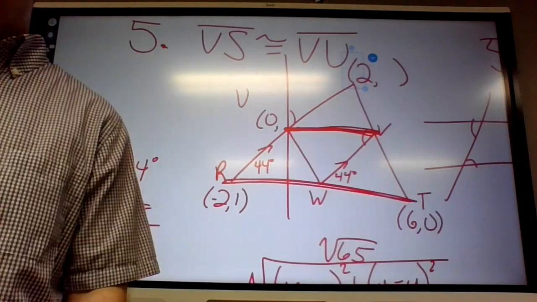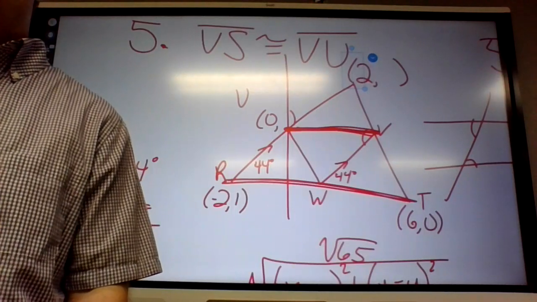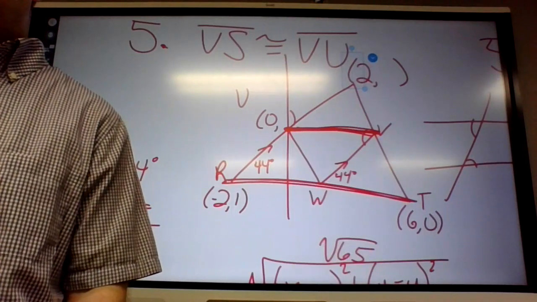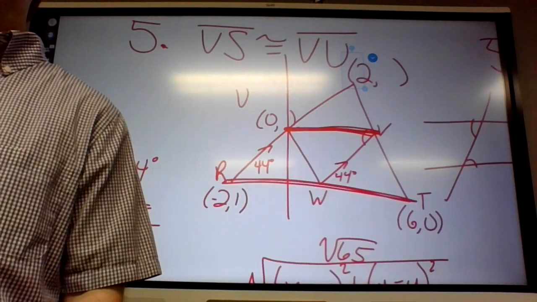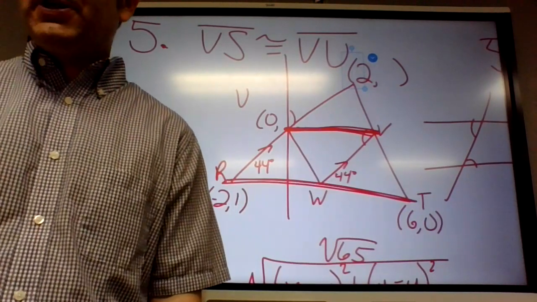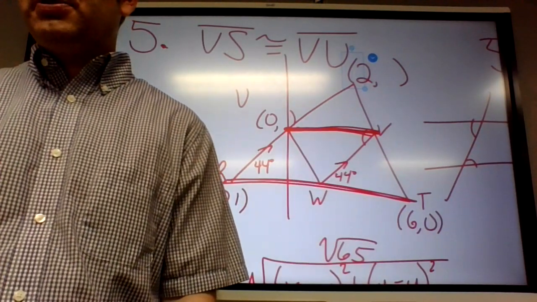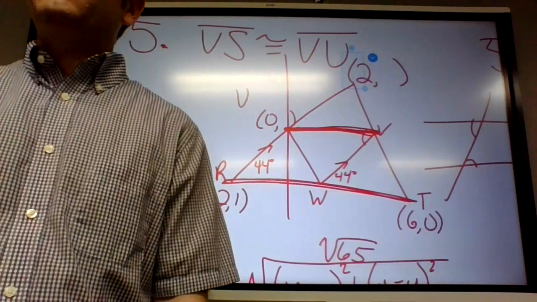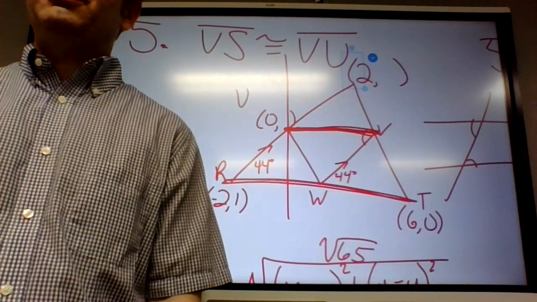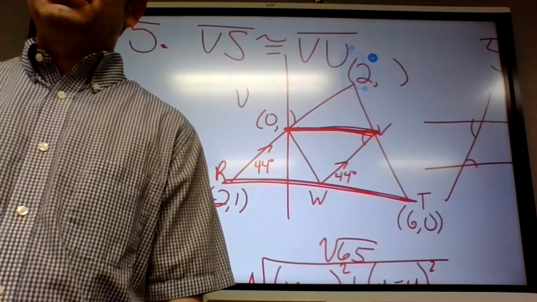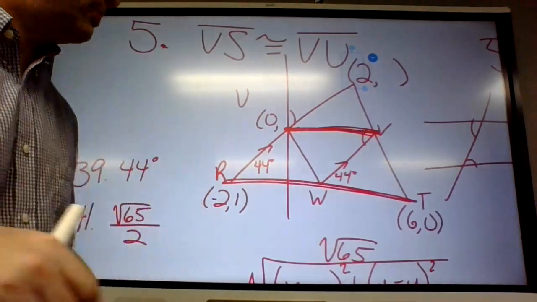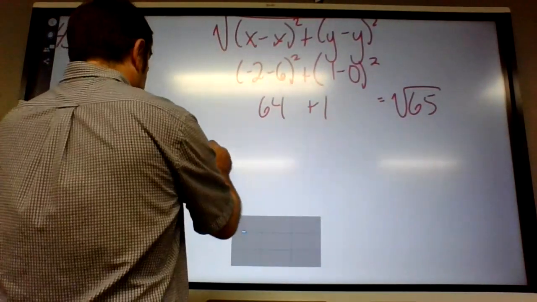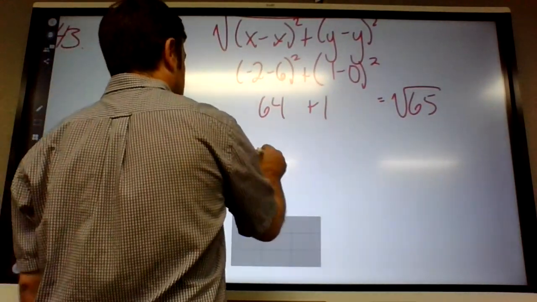So for 42, it says the coordinates of W. How would we find the coordinates for W? It's not a hard trick like the one I just did. It's in between. Midpoint formula. Do you guys remember the midpoint formula? x plus x divided by 2, y plus y divided by 2.